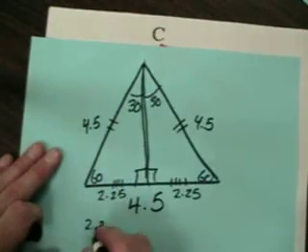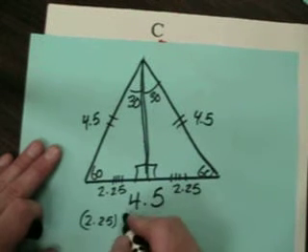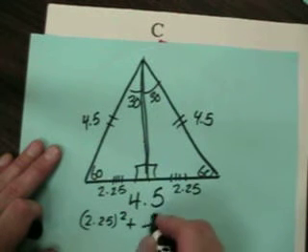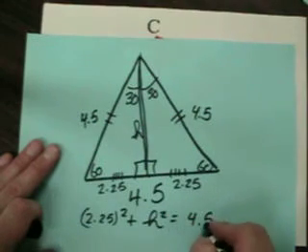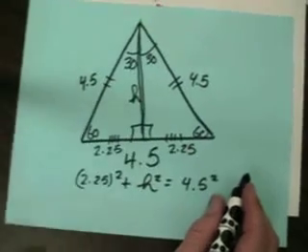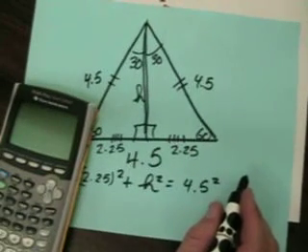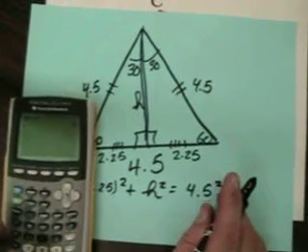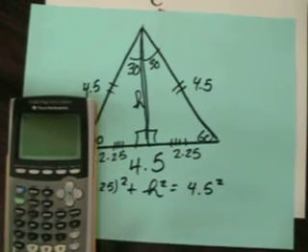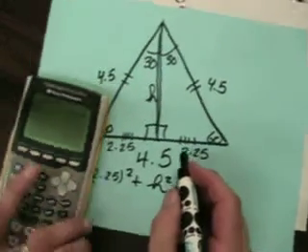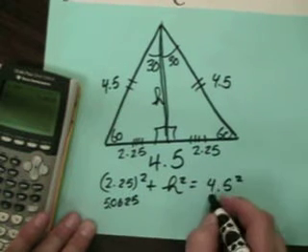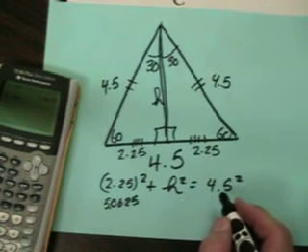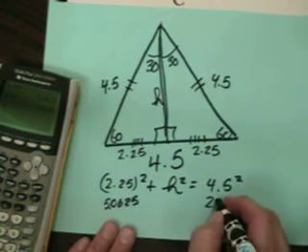So I've got enough to find this measurement right here. I need to do 2.25 squared plus the height squared equals 4.5 squared. Now, those are not very pretty numbers, but we found the calculator, so let's see what it says. 2.25 squared is 5.0625. And 4.5 squared is 20.25.